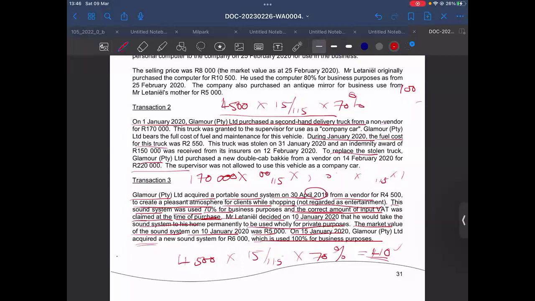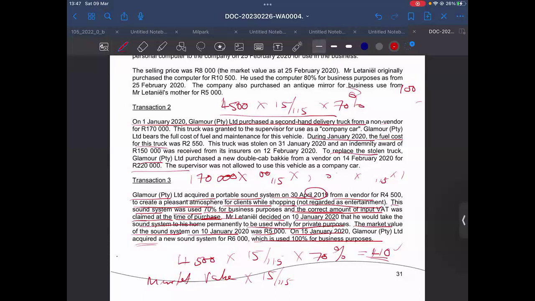So SARS wants its input VAT back, but we are not going to calculate it on the purchase price. We are going to say market value times 15 over 115. The asset was moved from 70% business purpose to 0% business purpose.